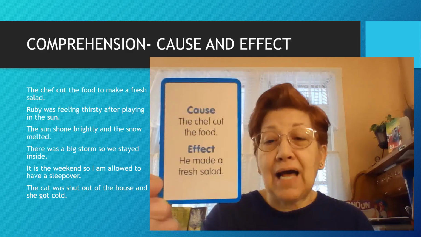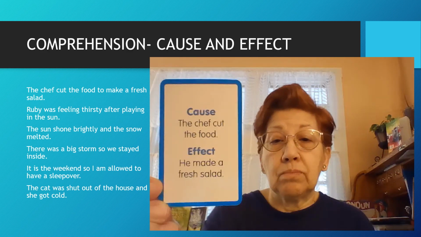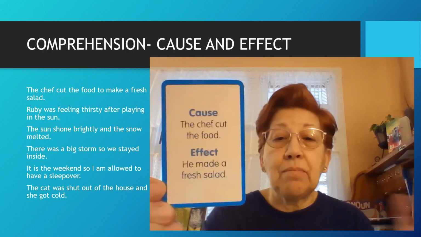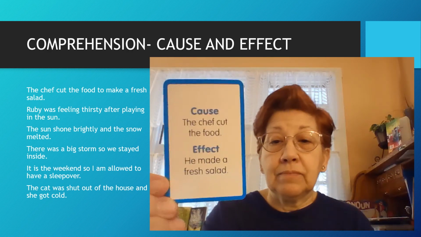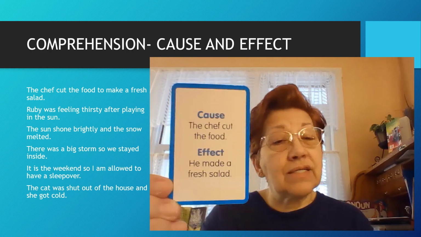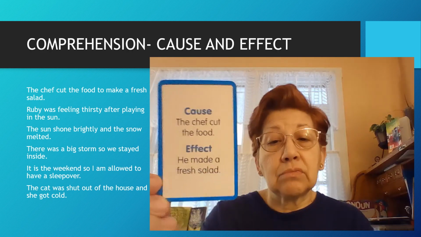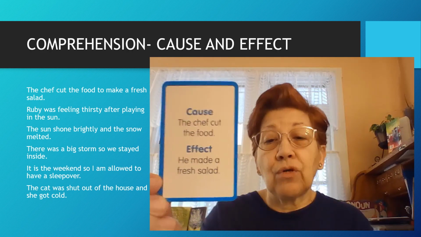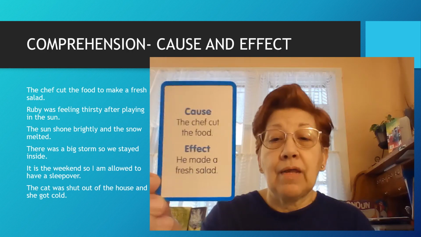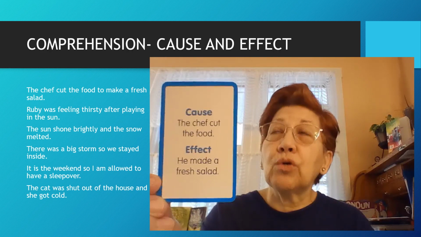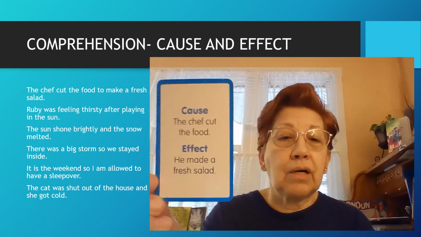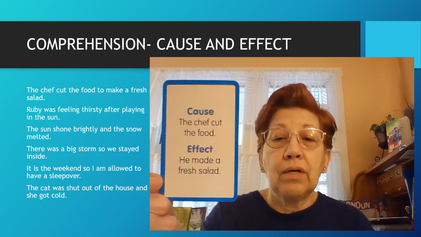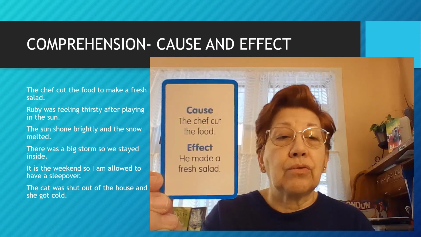He made a fresh salad. That's the outcome. Okay, so are you getting the idea about cause and effect? You're definitely going to come across this as a lot of categories that fall under comprehension. And this is one of them. And we will take a look at some others. We're going to come up with a lot more categories to learn.